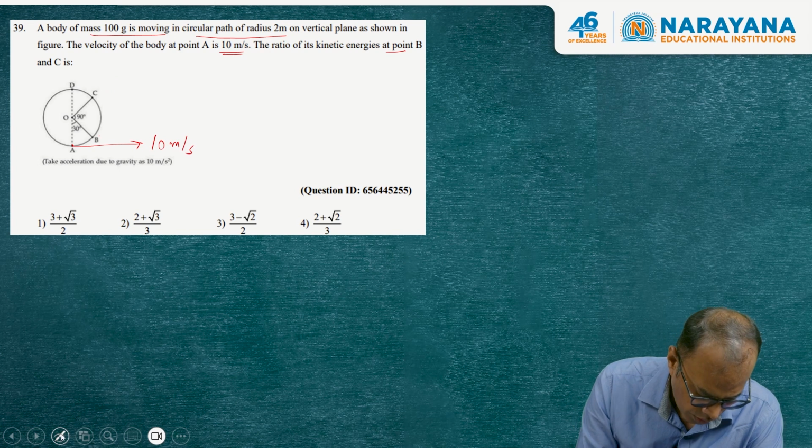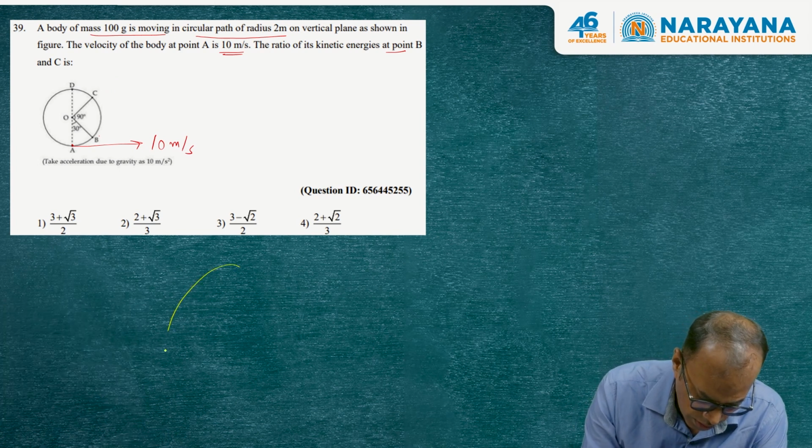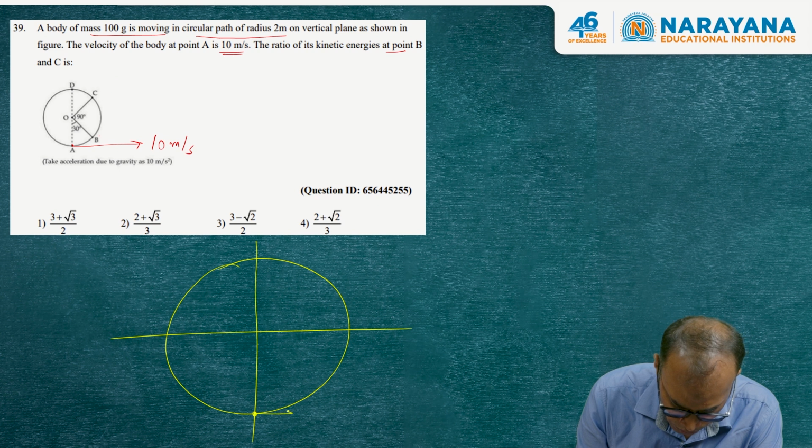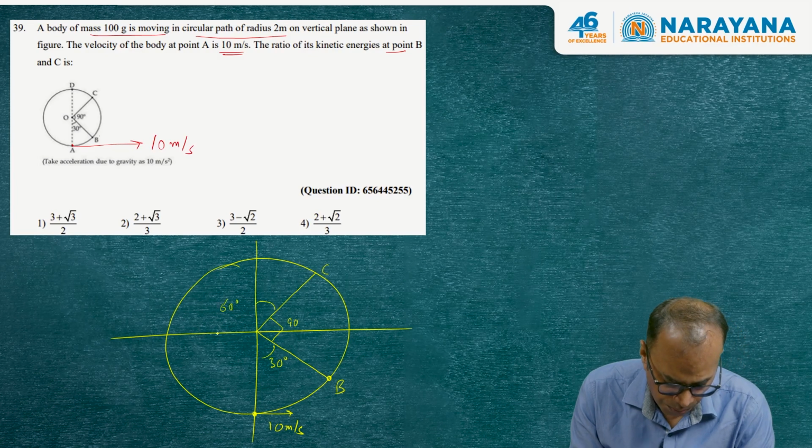Okay, so let's draw a diagram here. From here you have thrown with the velocity of 10 meter per second. There is a point here, and this angle is 30 degree. This is B. Then at 90 degree to this, there is a point C. So this angle must be 60 degree.